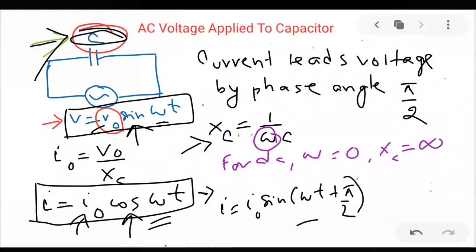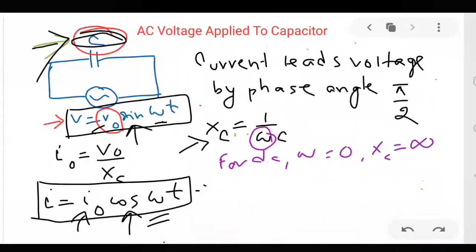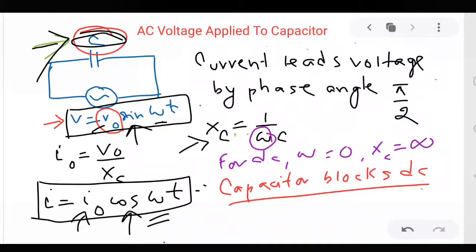So that means a capacitor is going to offer infinite opposition to the flow of direct current. So you can say that a capacitor blocks DC. Okay, it won't allow the flow of DC.